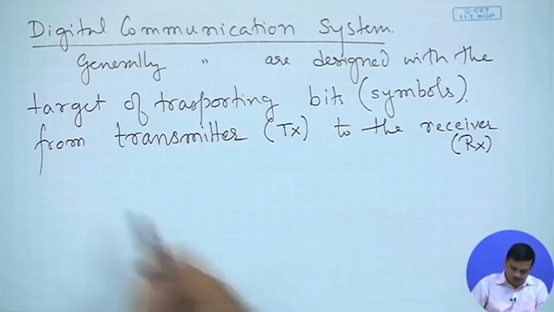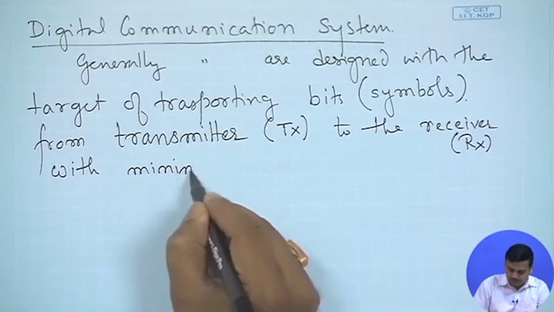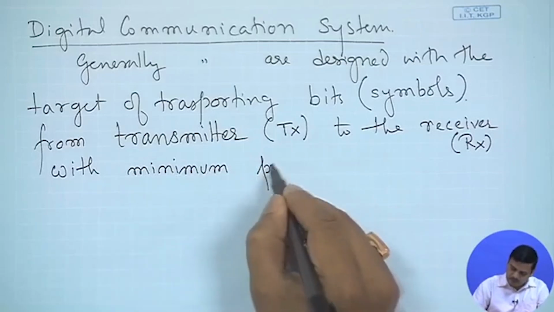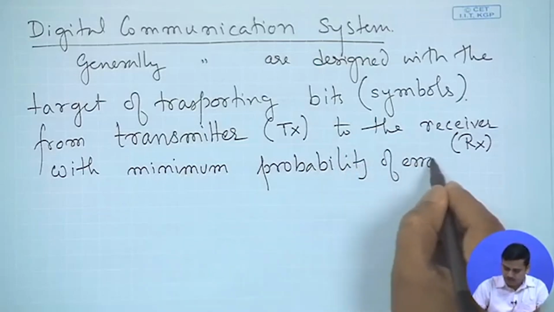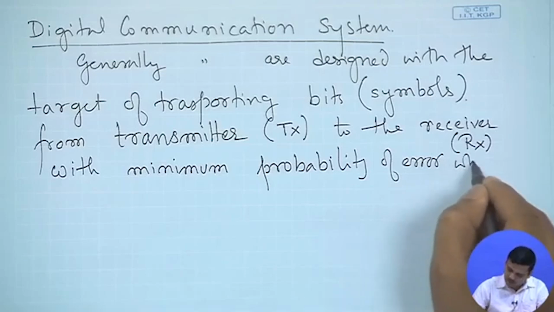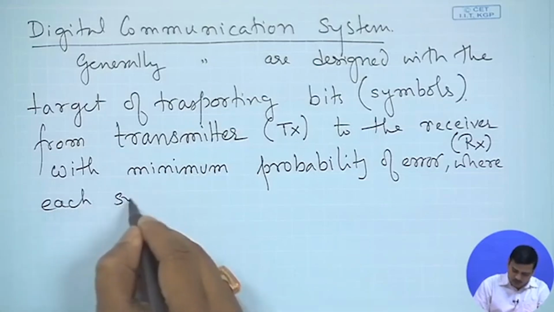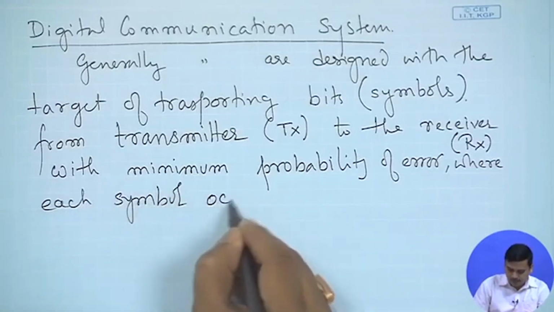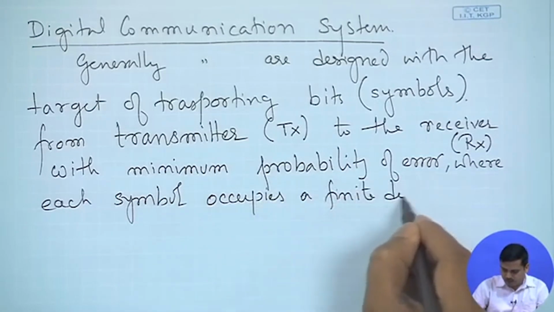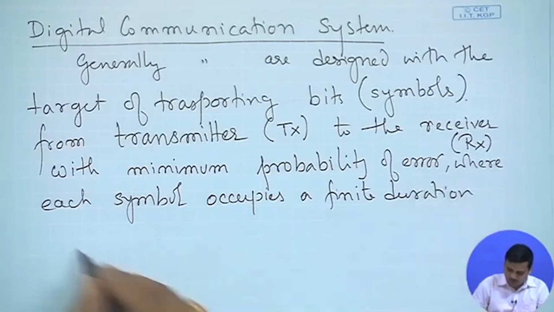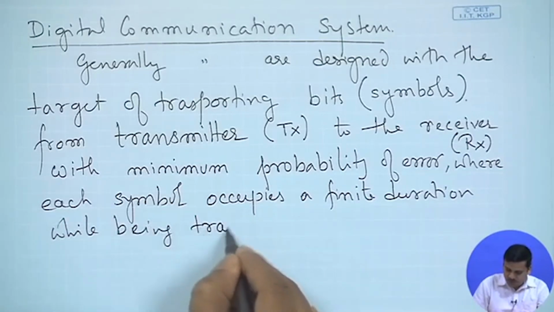Now there are certain conditions, with minimum probability of error, where further we have also stated that each symbol occupies a finite duration while being transmitted.